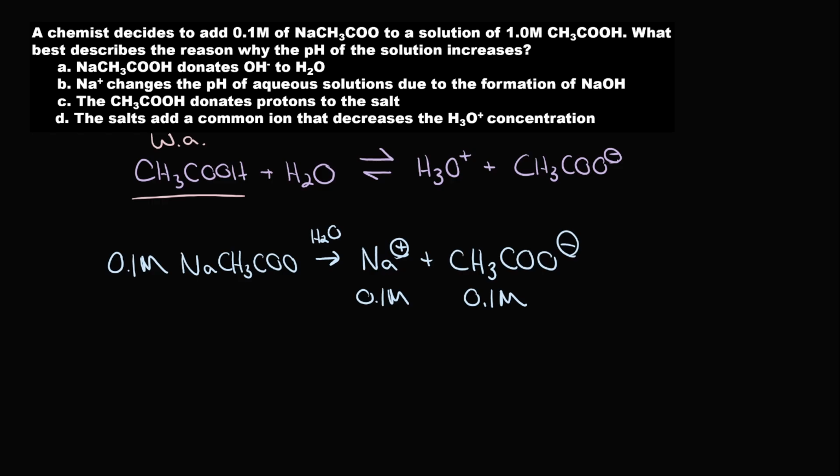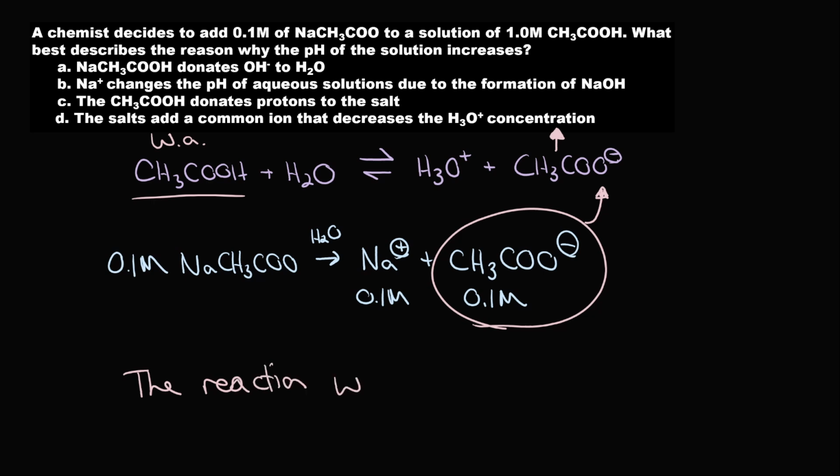Essentially, since we're adding this CH3COO minus, this is a common ion in the above equation, where we're adding some CH3COO minus. And since we're adding something to one side, in order to re-equilibrate, the reaction will shift towards the left side.